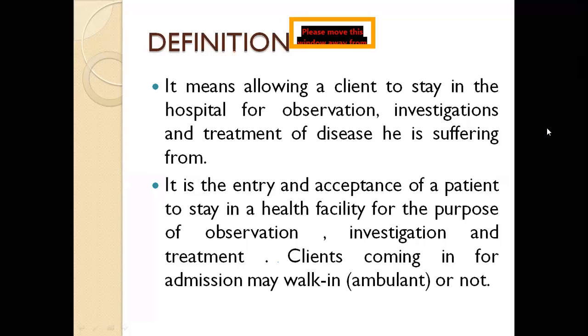Clients coming in for admission may walk in ambulant or not. Ambulant means those patients who can move around, who can walk. Sometimes a patient might come in a wheelchair or a stretcher too. Did you all get the definition?